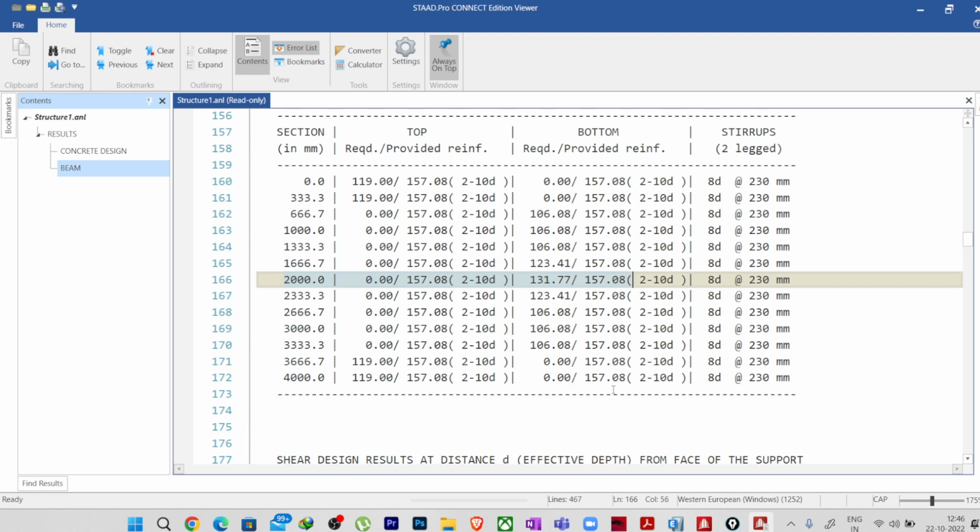Now why have they given 157.08 at every location along the total span? Because you cannot provide a bar only at the mid span, right? We need to provide at least 2 bars throughout. So throughout they have provided 2 bars of 10 mm dia. So this is the required 131.77, and this is what they have provided. So the minimum they have provided throughout.